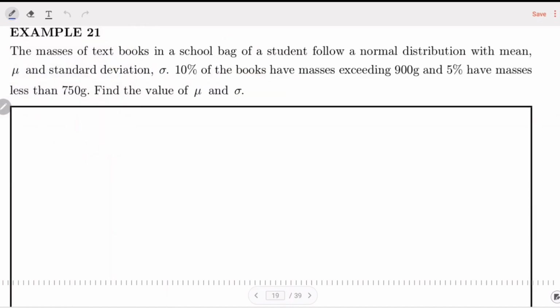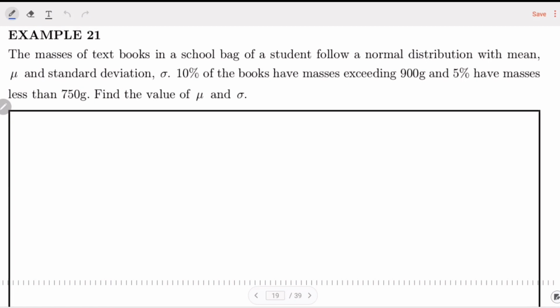Example 21. The masses of textbooks in a school bag of a student follow a normal distribution with mean mu and standard deviation sigma. 10% of the books have masses exceeding 900 gram. It means that probability X exceeds 900 gram is equal to 10%, which is 0.1.